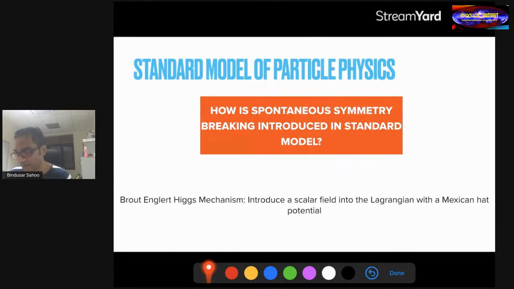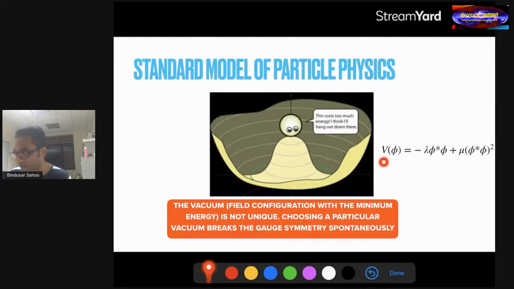In this mechanism, one has to introduce a scalar field into the Lagrangian with some potential, which is normally referred to as the Mexican hat potential, and looks like this. This is the expression of the potential. Here phi is a complex scalar field, so it has basically two real components, the real part and the imaginary part.